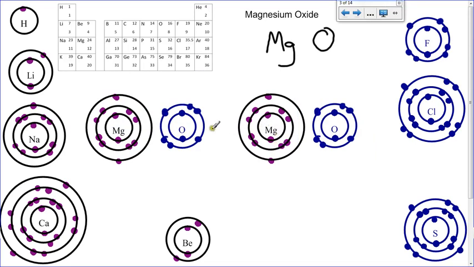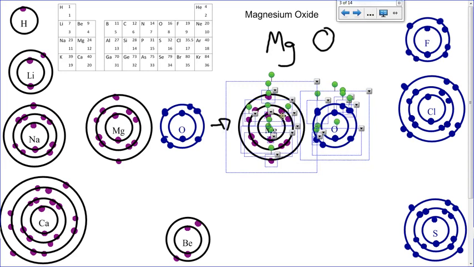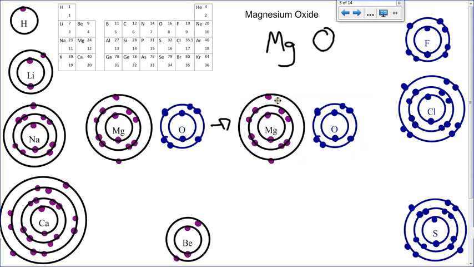So you can think of this as being before and after, and we're going to look at the after now. So we've got a magnesium and an oxygen. At the moment, neither of them are stable. The oxygen has got 6 electrons in its outer shell. It needs to have a full outer shell. So what the magnesium does is it loses 2 electrons, and they go to the oxygen.